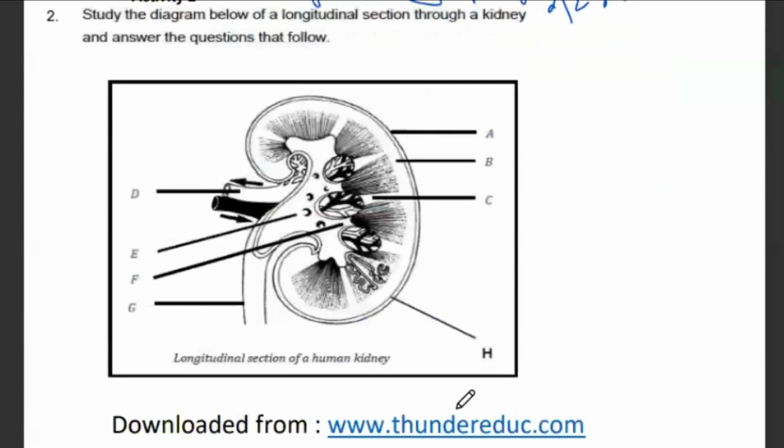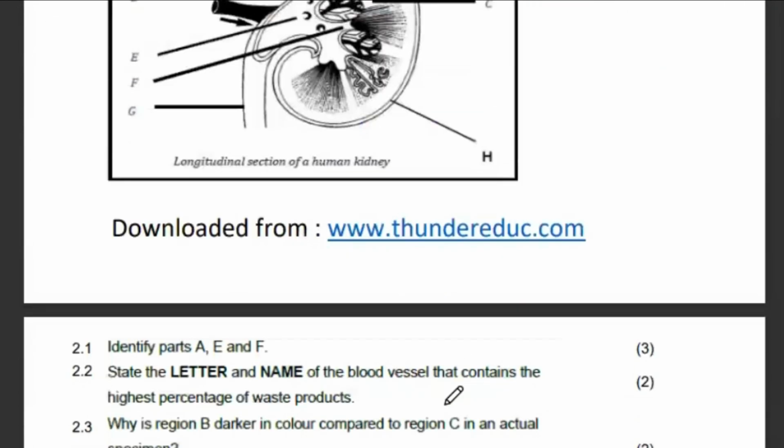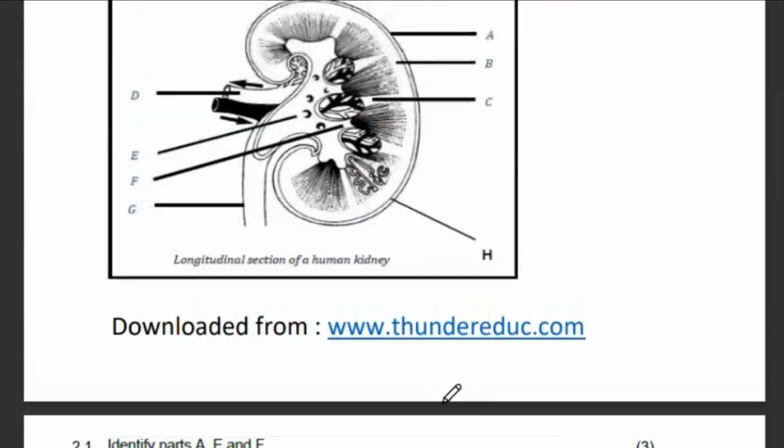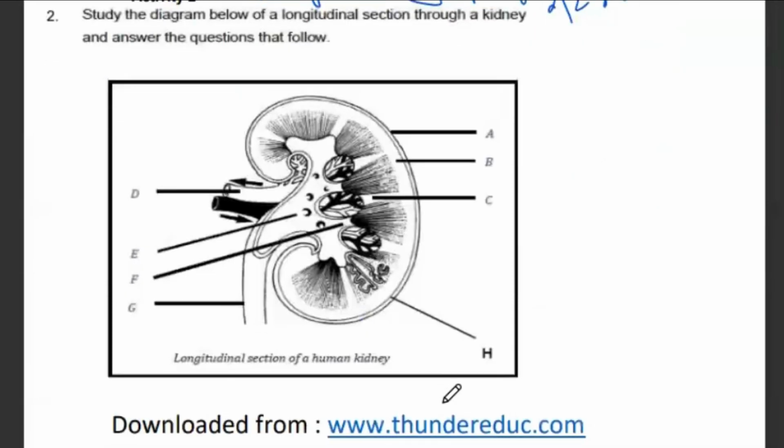Another question which looks to be the same is this. What is part A? I think now we can answer what is part A, what is part E, and what is part F. Part A is the renal capsule.